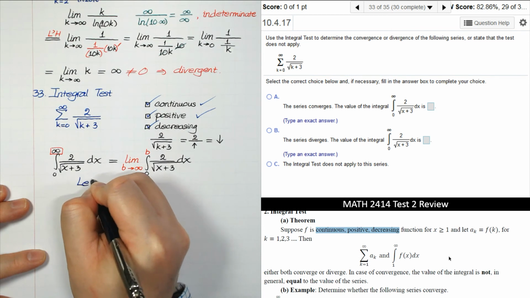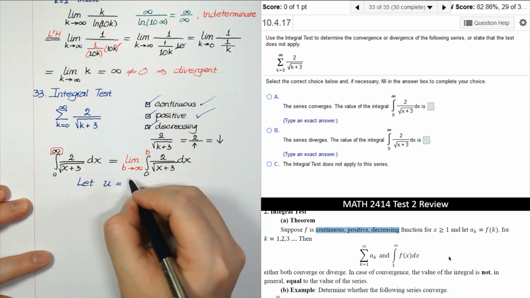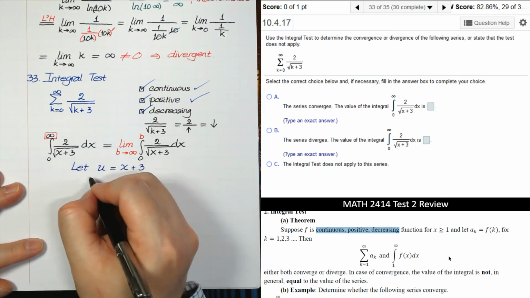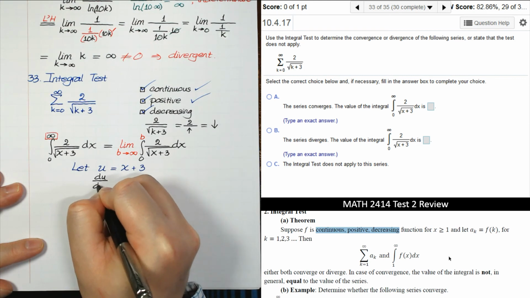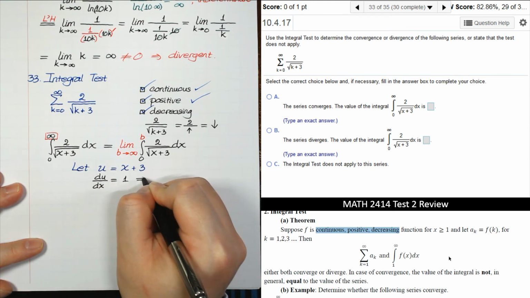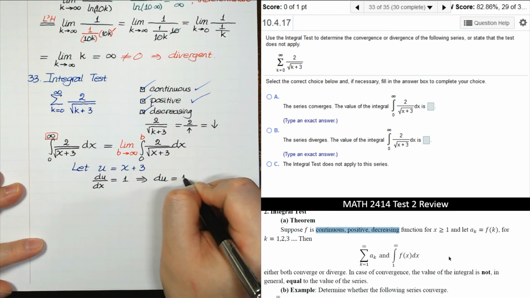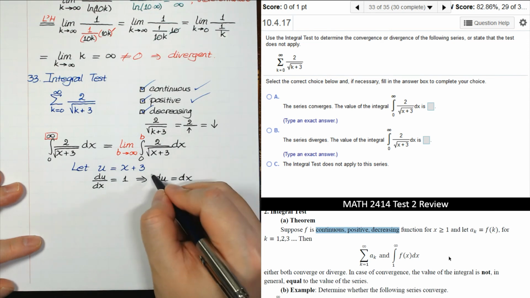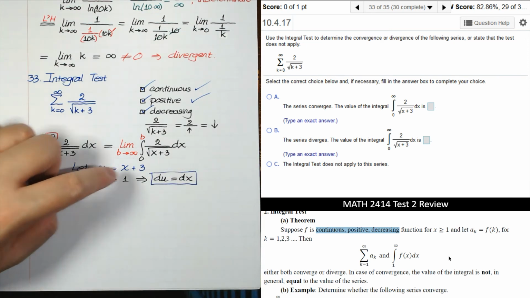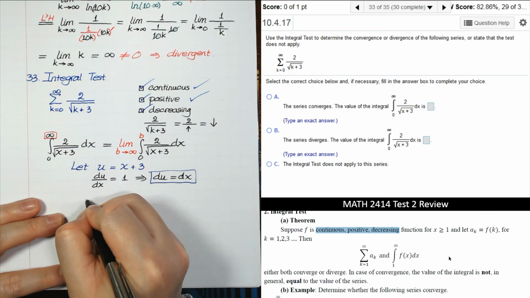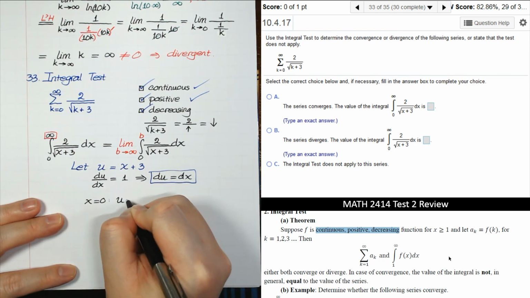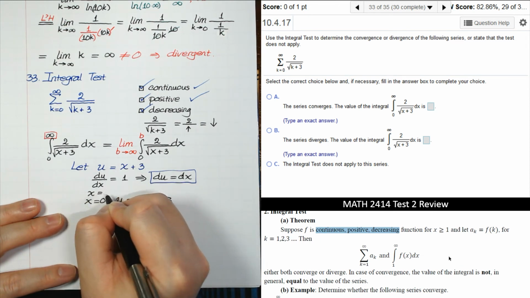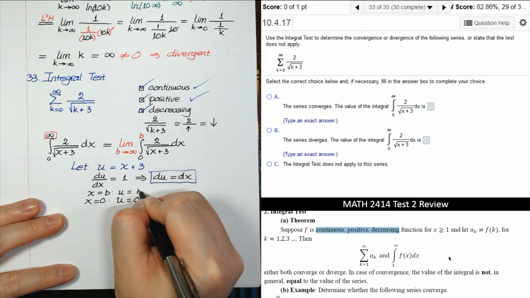Let u be x plus 3. I will take the derivative. It equals 1. So du is equal to 1 times dx. Just move the dx over. Right. Changing the limits, 0 to b. x equal to 0, u is equal to 0 plus 3. x equal to b, u equal to b plus 3.